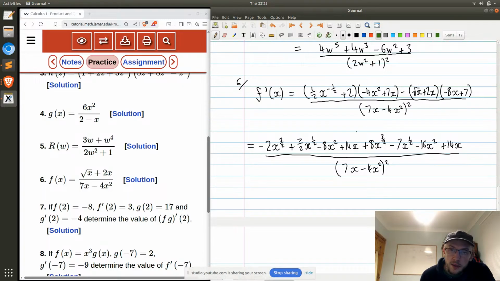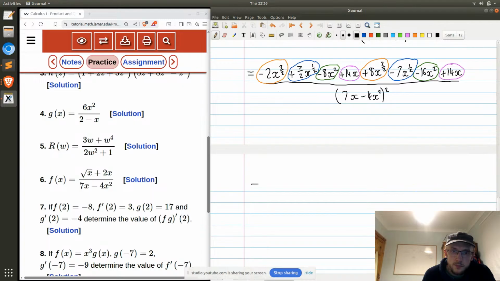Now, common terms, if any. And what's the highest power here? That one.